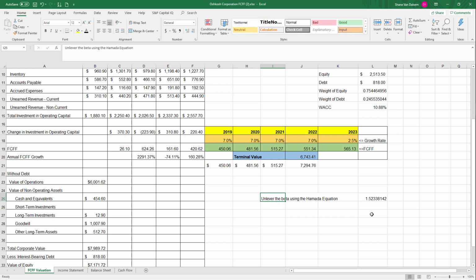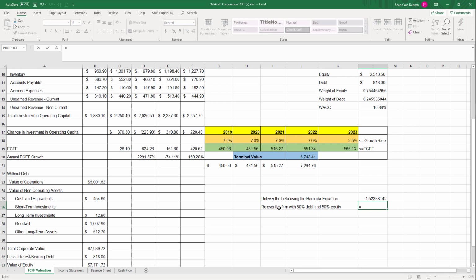Let me go ahead and preemptively change the font here. Okay, so we're going to again use the Hamada equation, but we have to turn it around a little bit.